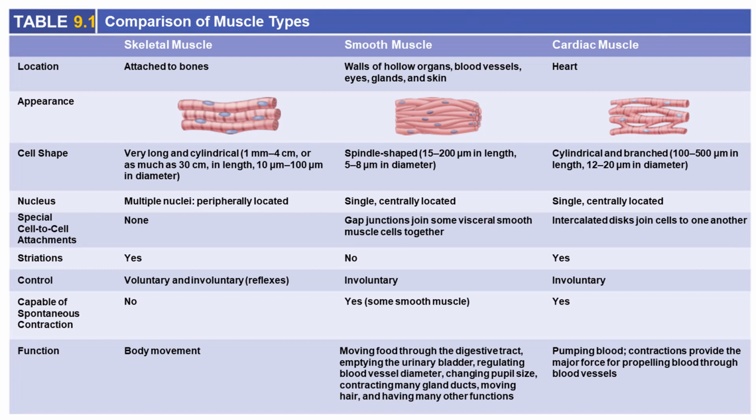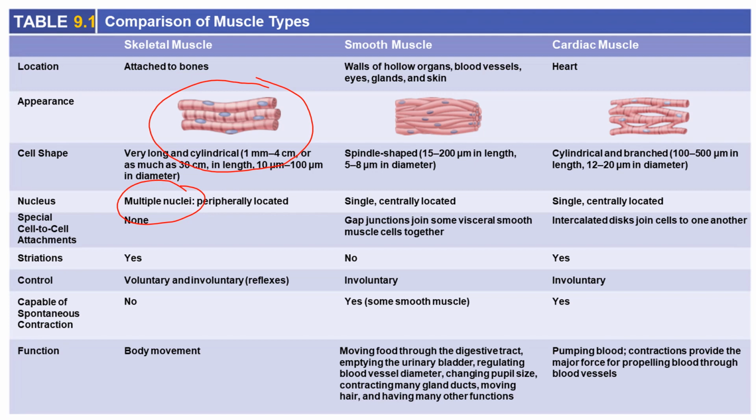And so here is a grid diagram that puts all of that out in one place. For example, if we look at the nucleus for skeletal muscle, you're going to notice that there are a lot of nuclei, multiple nuclei, and they're on the periphery of the actual muscle cells.